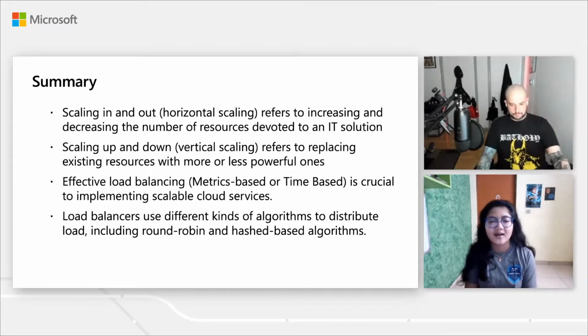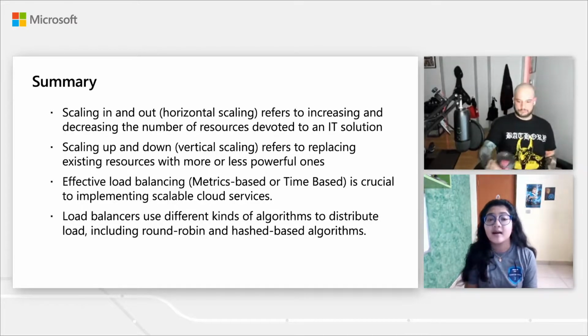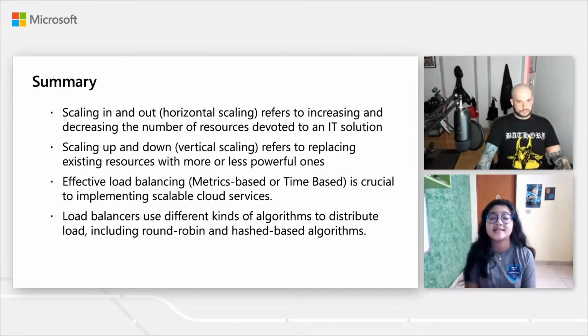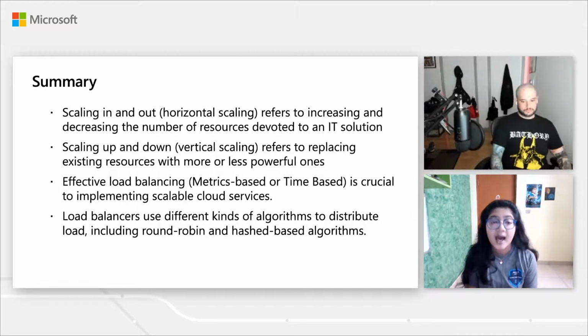I think we all learned more about scaling from Jay's story time, where he had used it at BuzzFeed for voting. So effective load balancing, that can be metrics based or time based, is crucial to implementing scalable cloud services. And load balancers use different kinds of algorithms to distribute load, including round robin and hash-based algorithms.